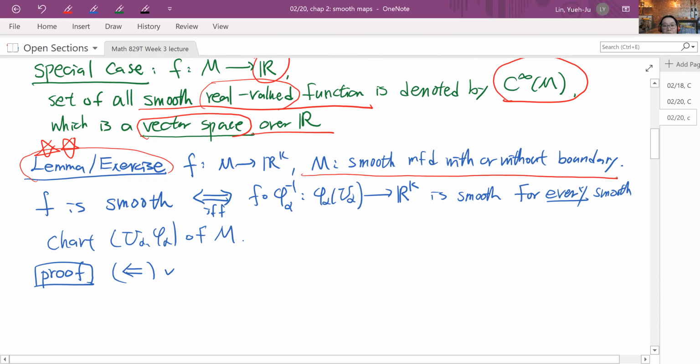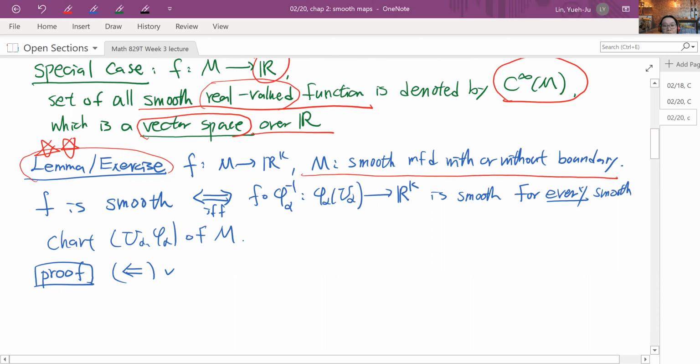This is an if and only if. One direction is easy. The backward direction is obvious: if this function F composed phi inverse is smooth for every chart, it's going to be smooth for one chart. So one direction is trivial. The other direction is actually not bad at all. As I said, you just use the transition map.